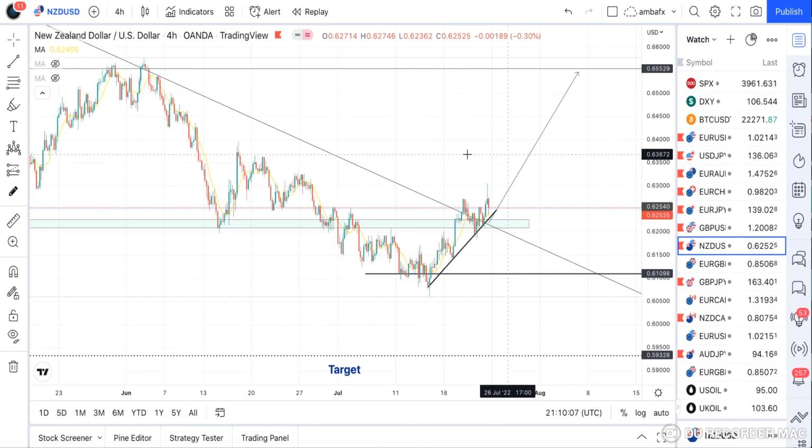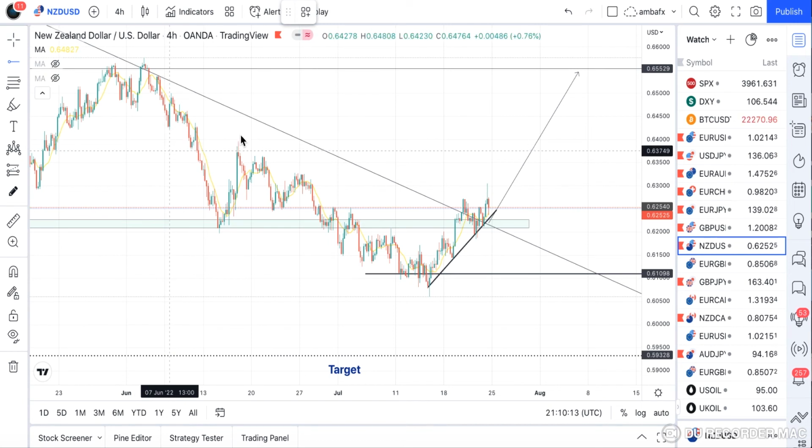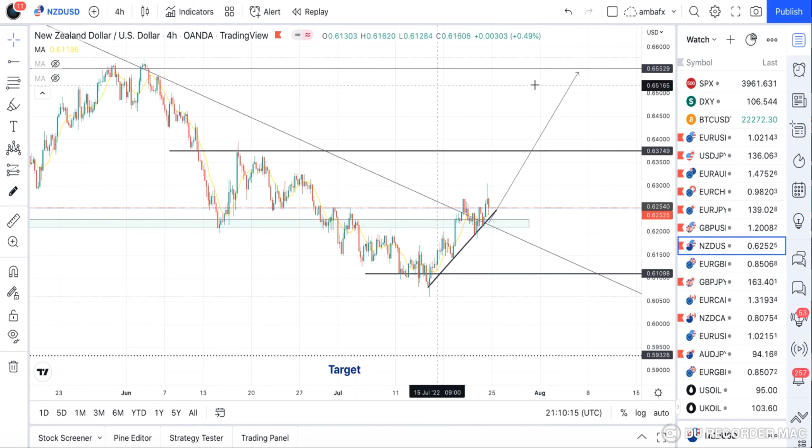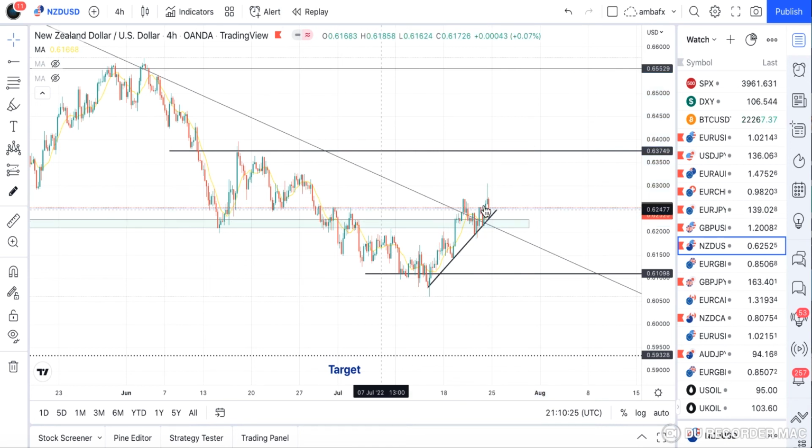We can see a move to this side first, then we see a move to 0.653, on which we don't lose guard. Just find your entry, because now the bias has temporarily changed to bullish.